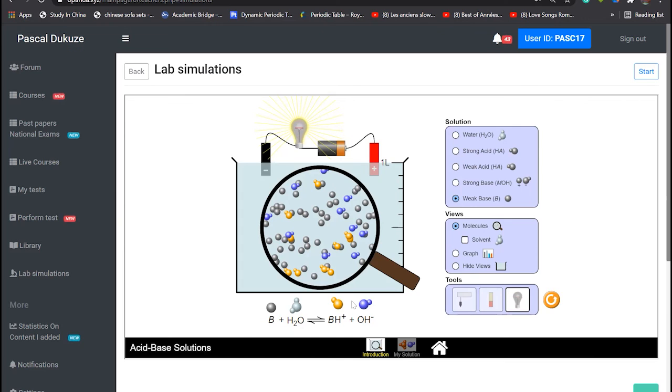So this is all for the first part, the introductory part. We have distinguished the strong acids and weak acids, strong bases and weak bases, and we have seen the different ways we can use to distinguish these strong and weak acids and bases, and we know how we can use the simulation to demonstrate the differences.